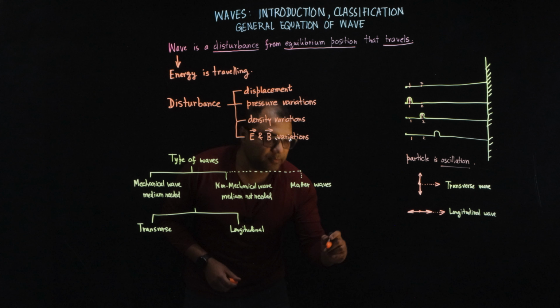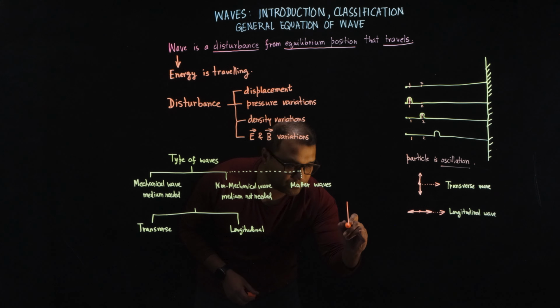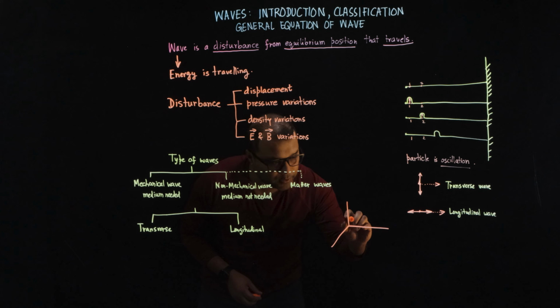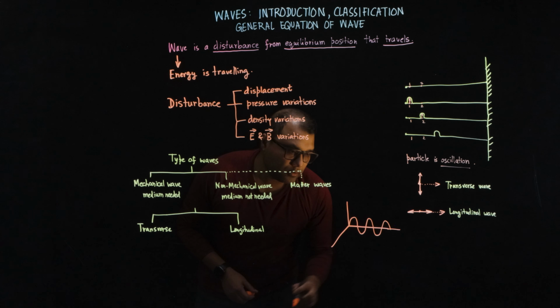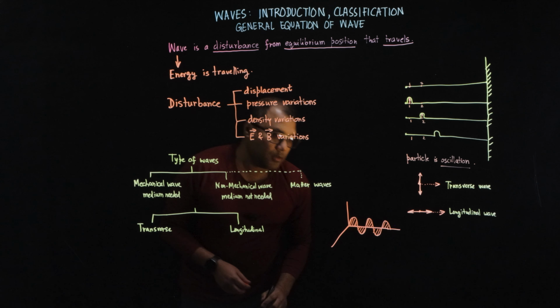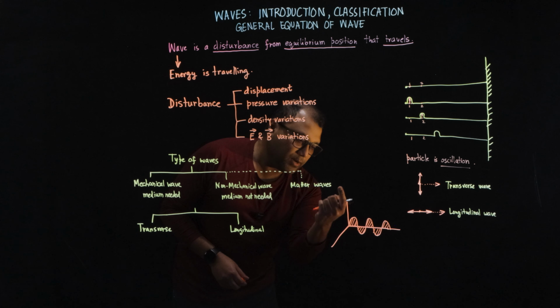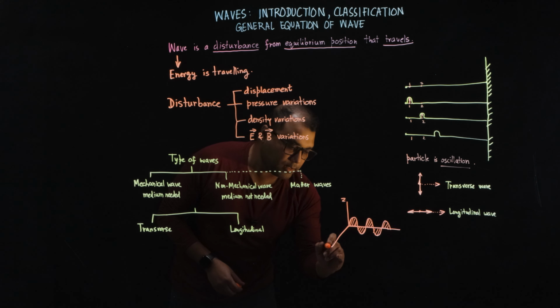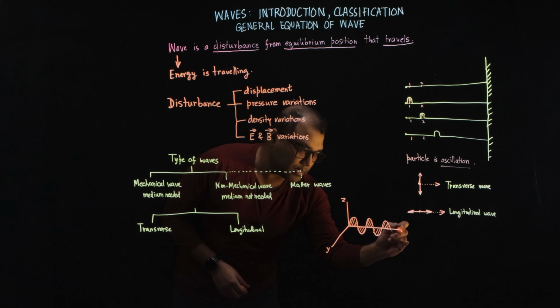For example, you might be familiar with electromagnetic waves. How electromagnetic waves work is we have an electric field which has some variations. Let's say this is the electric field variation happening in the z coordinate, this is the y, and this is the x.